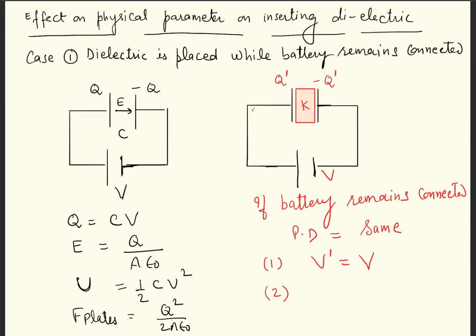So whenever a dielectric is placed, exactly fitted dielectric is placed, capacitance will increase by a factor K. So here comes our second parameter, C dash, that will be equal to K into C. Capacitance will increase by a factor K. And when we know these two parameters, V dash and C dash, remaining parameters can be calculated with the help of these two parameters. Let's see how.